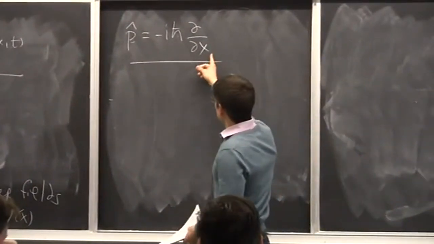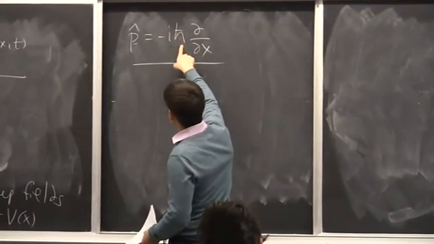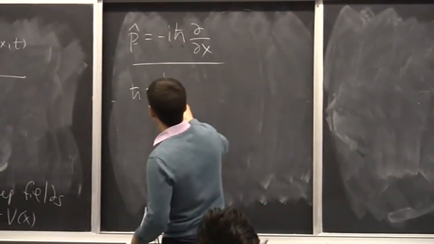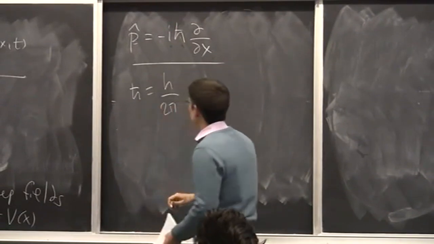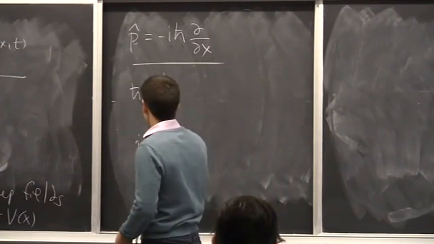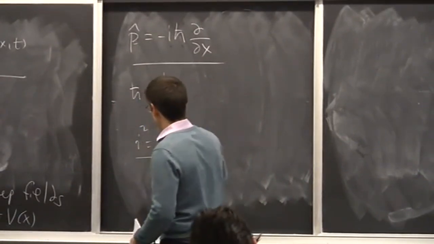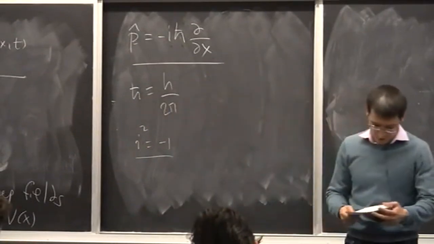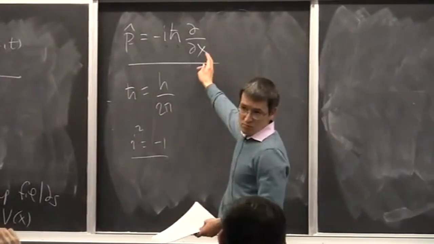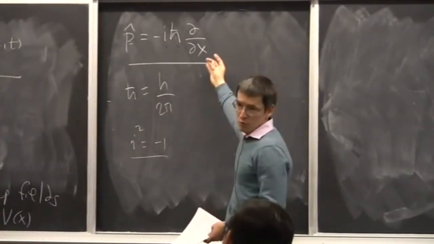It's a derivative operator multiplied by the imaginary unit and h bar, which was discussed before. It's the Planck constant divided by 2 pi. So essentially it's a constant, right? And this i is defined by the expression i squared equals -1, the imaginary unit.